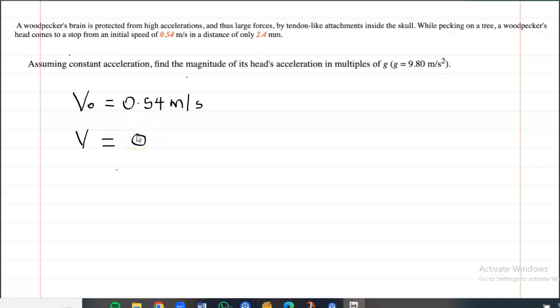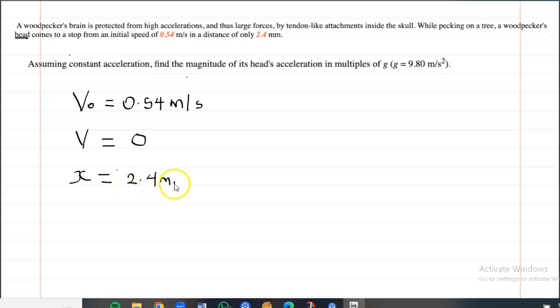Okay, now in a distance, the woodpecker's head here traveled a distance of 2.4 millimeter, so that is x. All right, x equals 2.4 millimeter.